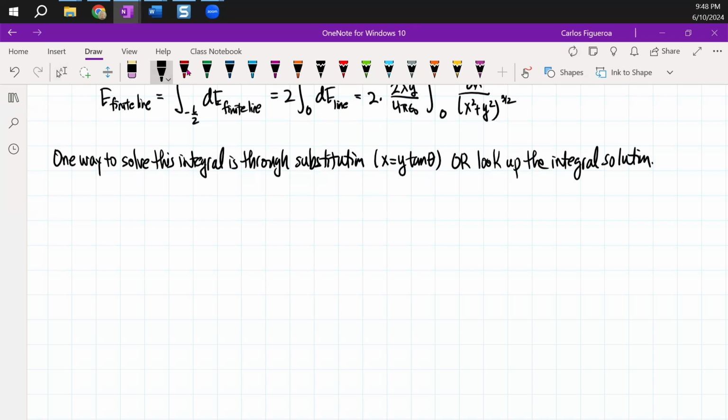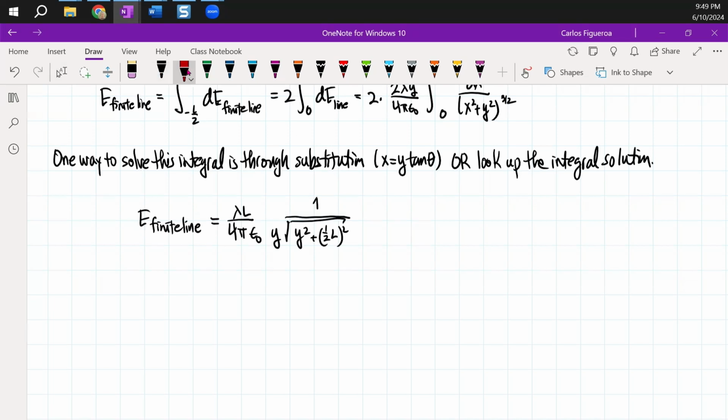It says here that E finite line is then equal to lambda L over 4 pi epsilon naught, and then I get y times the square root of y squared plus 1/2 L squared, like this.